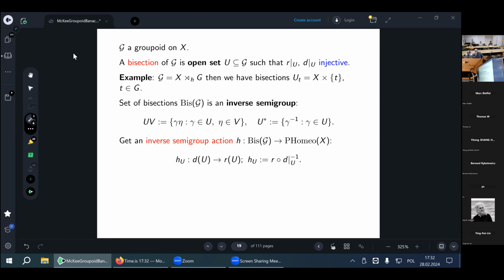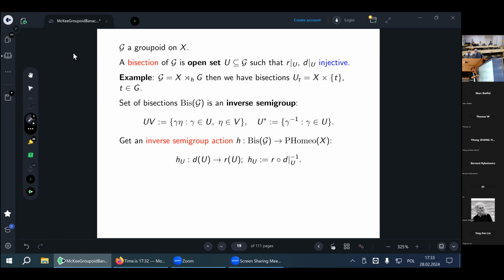And here, if we fix eta, then the range of eta is an element of X. So there can be at most one gamma in the bisection U for which this product is defined. And that lets you prove that this thing is a bisection.